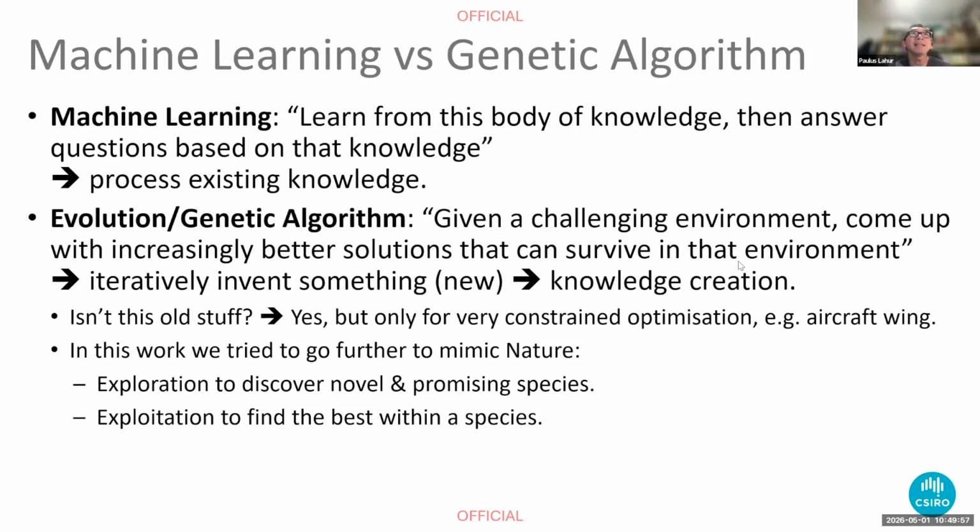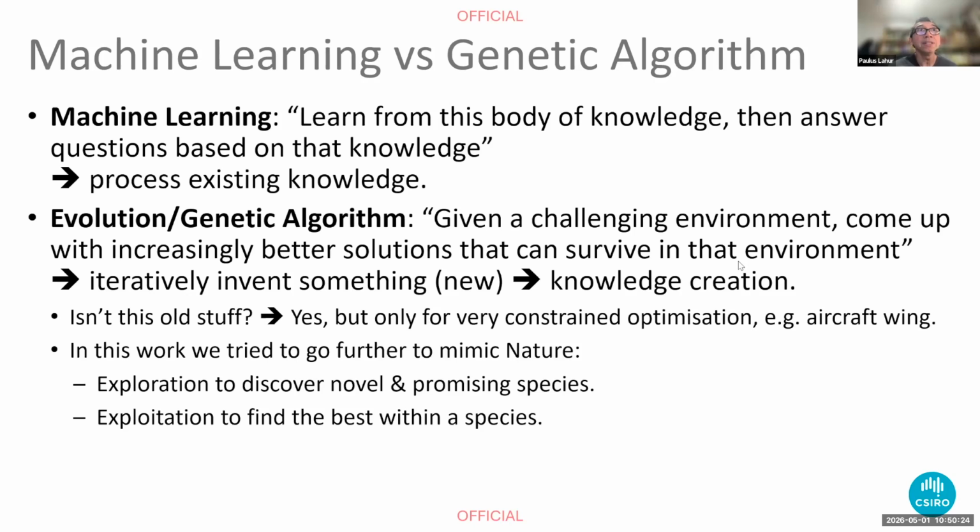So you might be asking, isn't this old stuff? People have already been using this for a long time. Yes, they do, especially in well-established areas like aerospace, where you design an aircraft wing using optimization, but this is actually only for very constrained optimization.